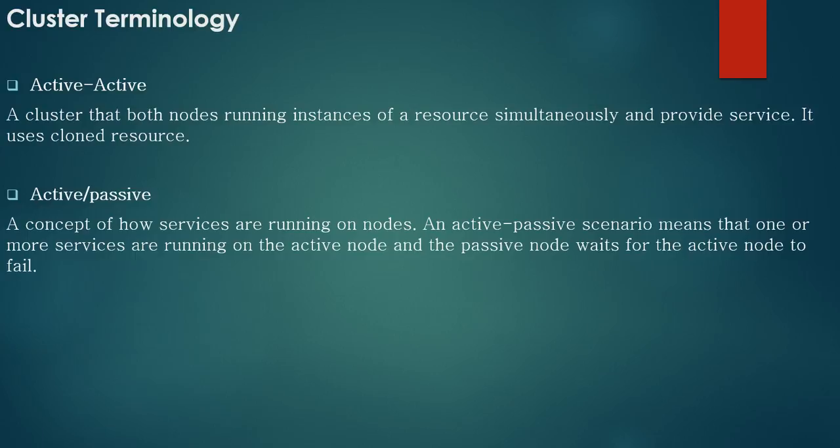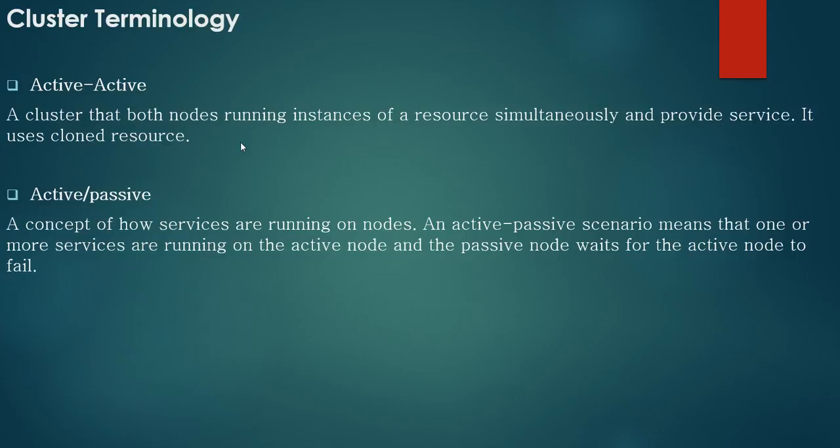And if you are running a cluster with multiple nodes providing the service simultaneously, that cluster type we call active. In the HAE cluster, we have one resource type called a cloned resource.